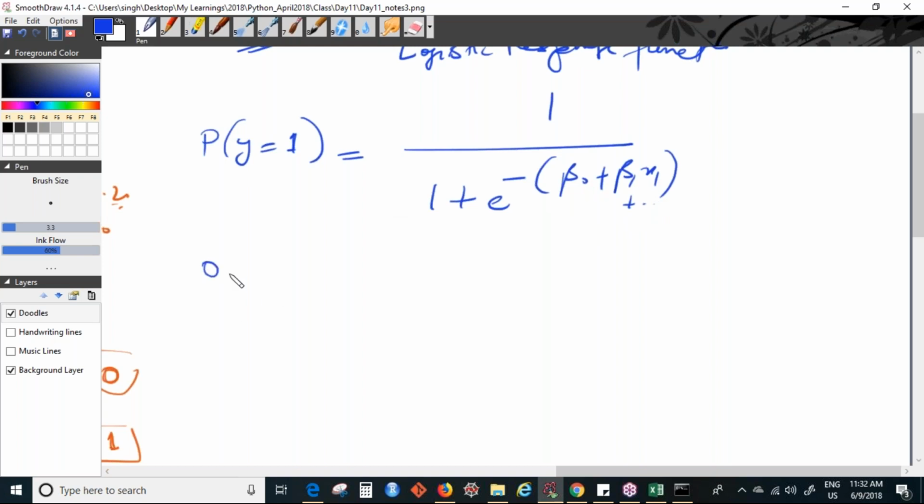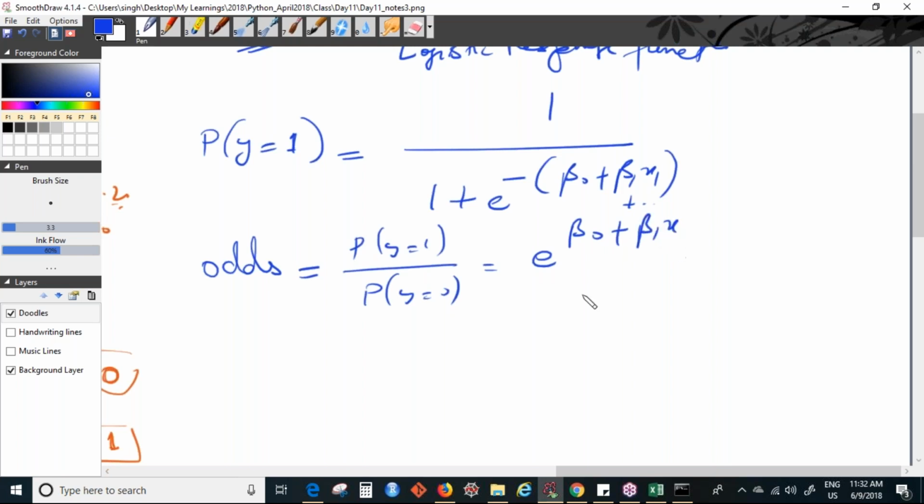We also saw the concept of odds. The formula for odds is probability of 1 divided by probability of 0. If you put this equation in and solve it, you will get e to the power (beta naught plus beta 1 x).